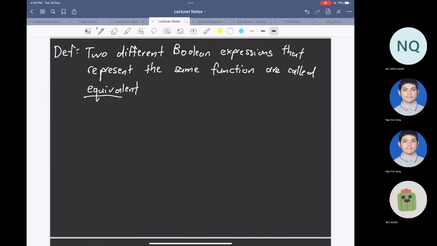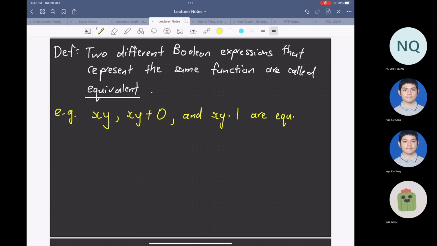So in this case, for example, xy is equivalent to xy plus 0, which is equivalent to xy times 1. So these are all equivalent because they represent the same function.